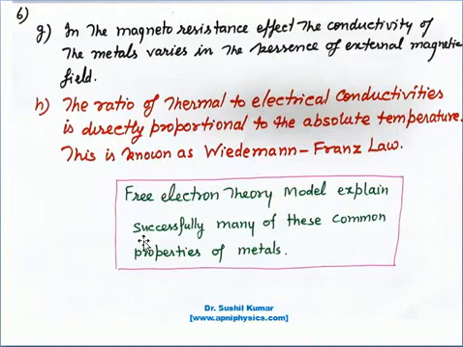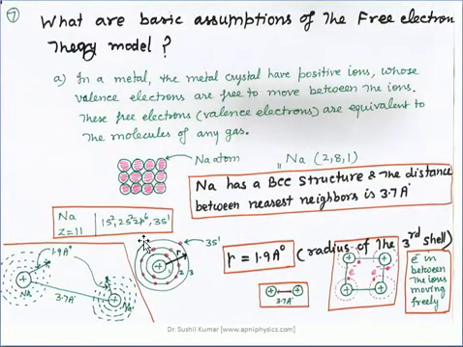Now the next point. We have understood what the free electron is and what the basic physical properties of the solids are, and now the point is about the assumptions of the free electron theory model.